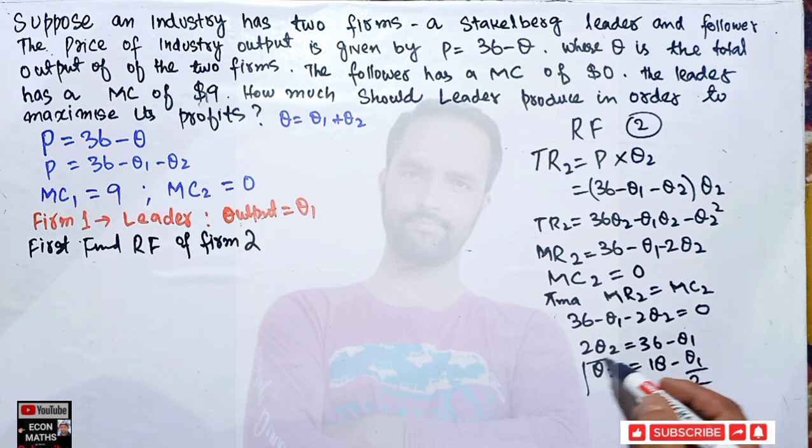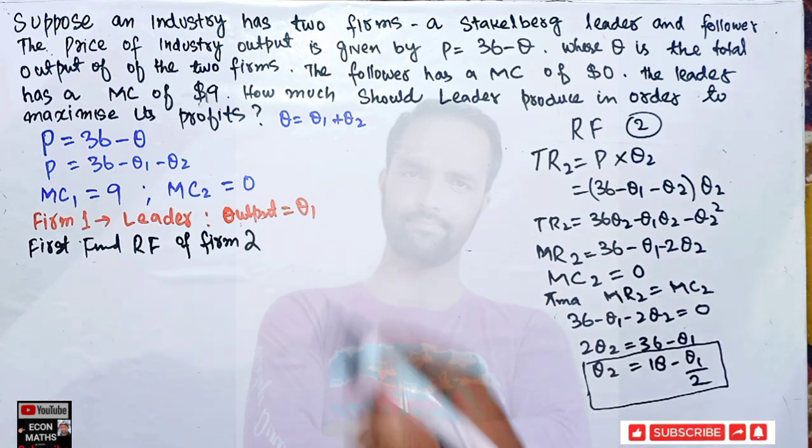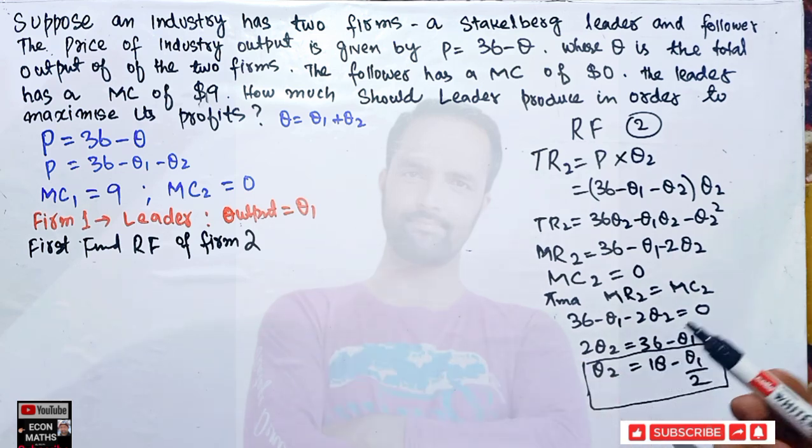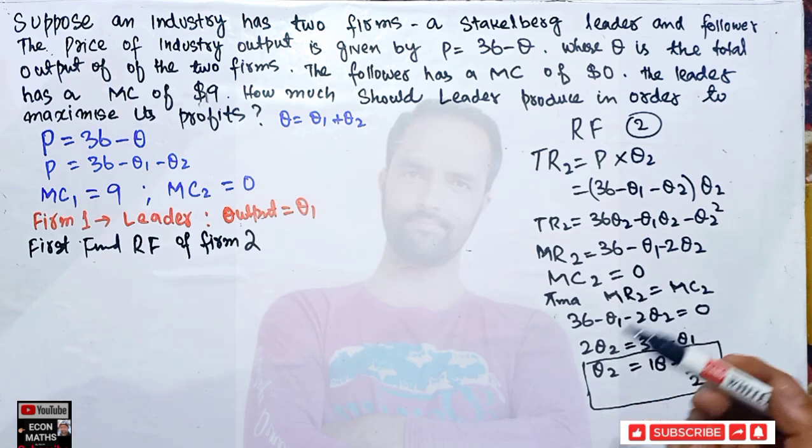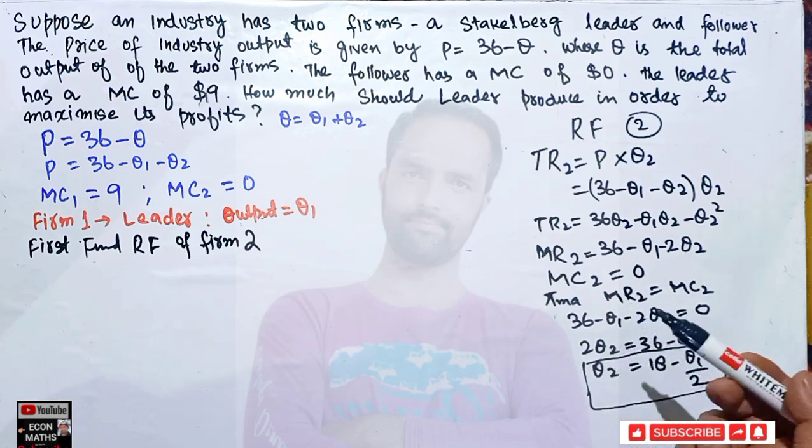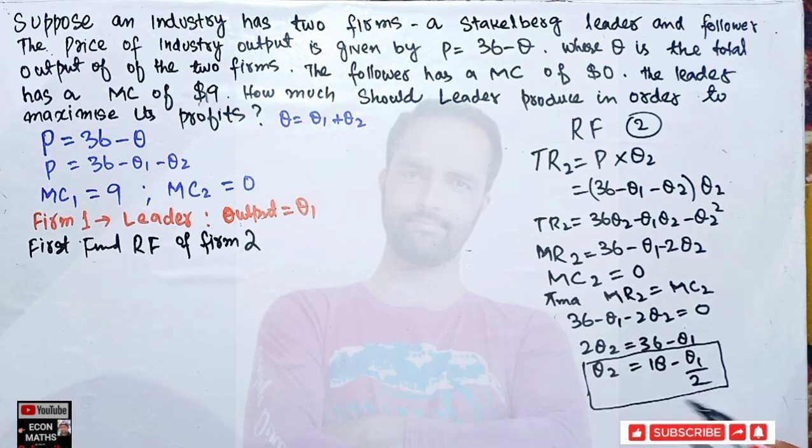So first we need to find the reaction function for firm 2, and this is the reaction function. I have explained in detail in the Cournot duopoly model what is meant by this reaction function.